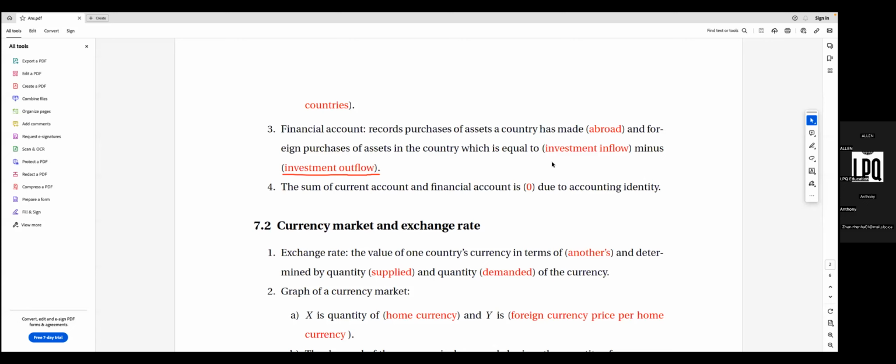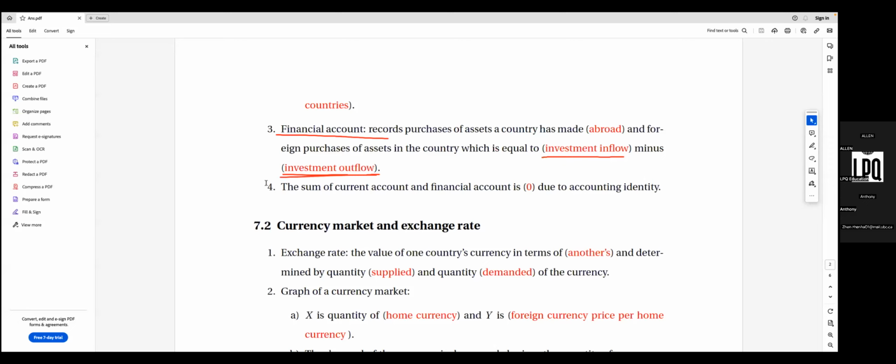So this part of the money is called the investment inflow. You do investment inflow minus investment outflow, and the calculating result is called the financial account balance.